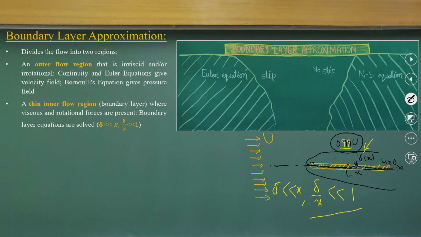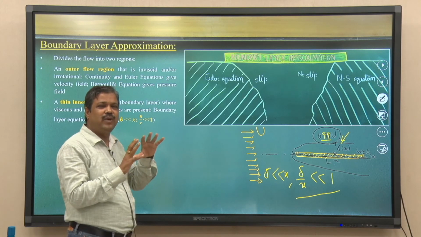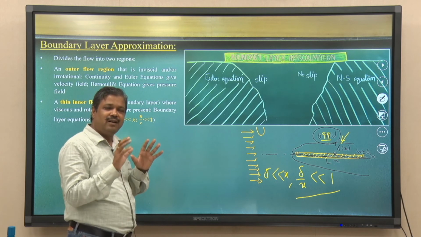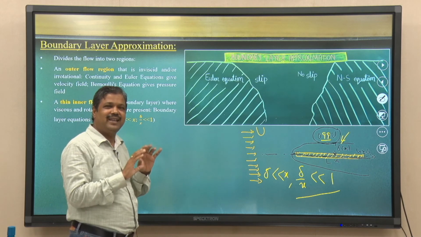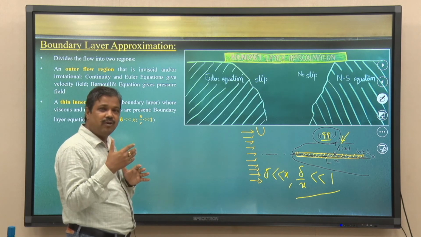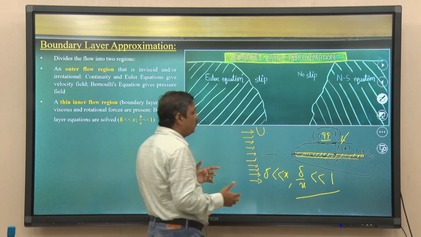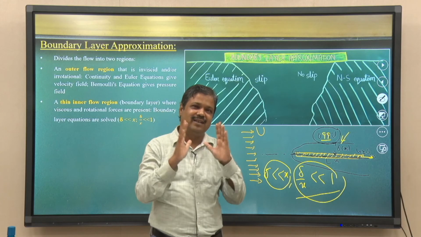It is a geometric point, but that is the reason I am highlighting it. Think conceptually: many times the boundary layers you see are drawn magnified, because the actual boundary layer cannot be shown. Any textbook writes it as a magnified boundary layer compared to the x dimension, which is much larger. That is why delta by x is much less than 1. That should be the understanding of how boundary layers form.